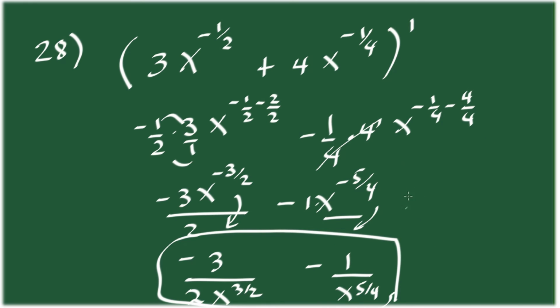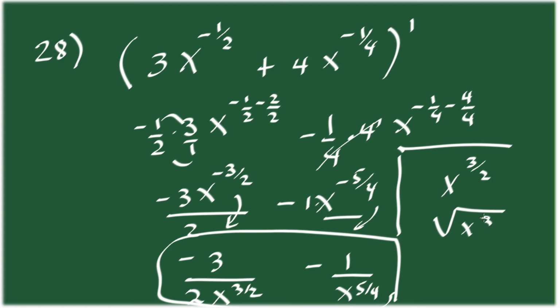Now, in its radical form, that x to the 3/2 is the square root of x cubed. The 2 here is the index.